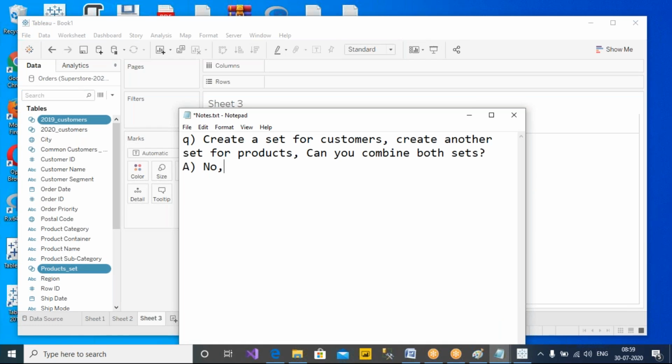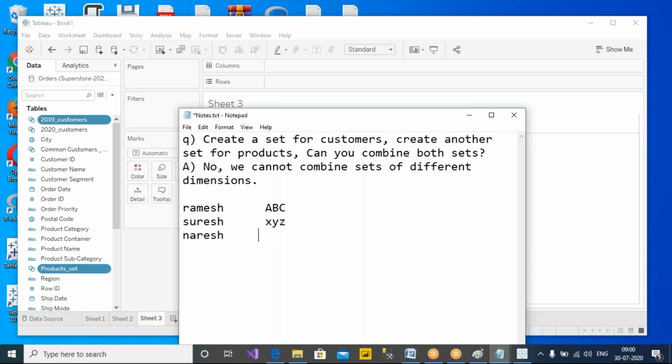We cannot combine sets of different dimensions. So think logically. One is customers. Let's say we have some names like this: Ramesh, Suresh, Naresh, whatever names. And we have another set with the product names. Let's say A, B, C, then X, Y, Z, and then some other name.